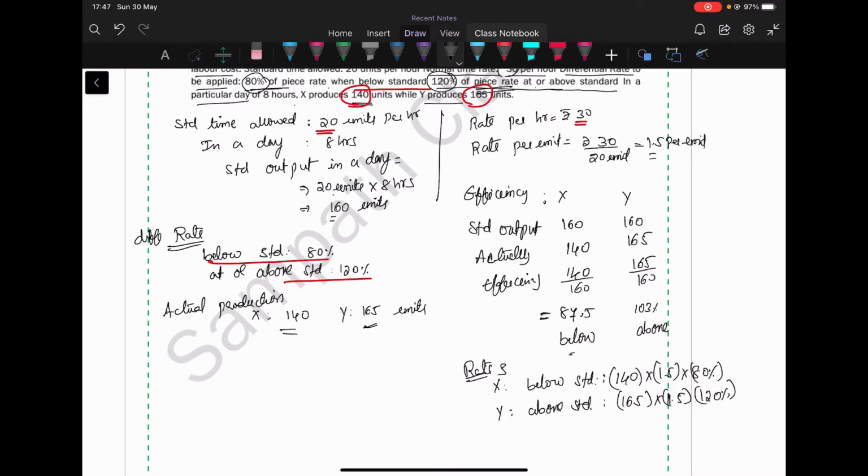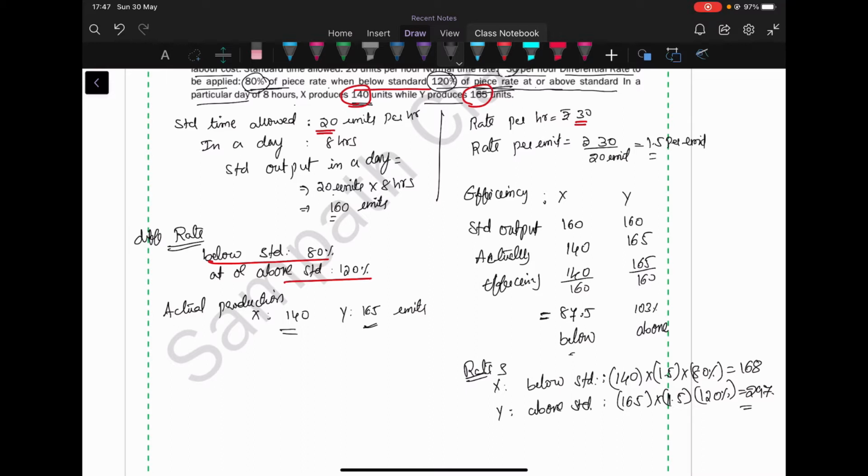So 140 into 1.5 into 80 percent, that is 168 rupees, will be paid to X. 165 into 1.5 into 120 percent, that is 297 rupees, is paid to Y.